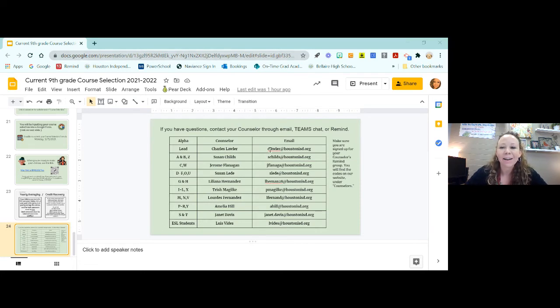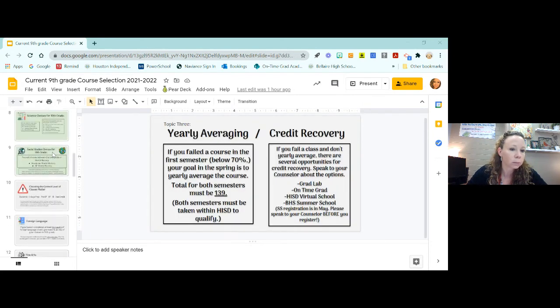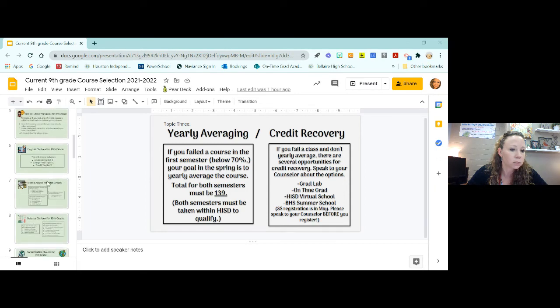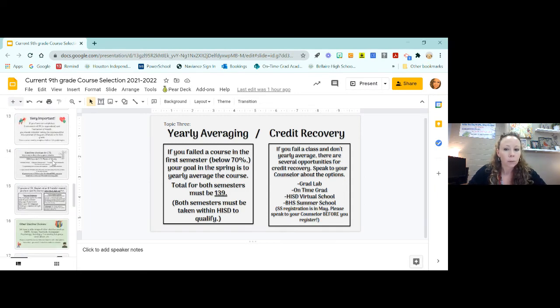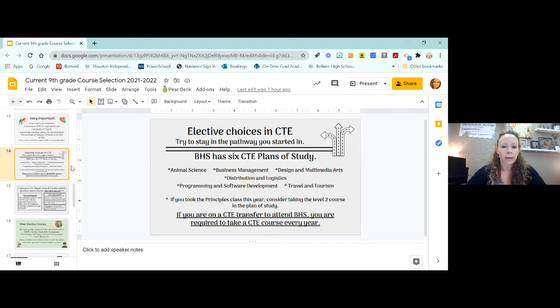Yes. Okay, so on our campus, we have a number of plans of study under CTE, which we talked about on that one slide. Travel and tourism is one of our plans of study, and it's a new one for our campus. The first class in that plan of study is called Principles of Hospitality.